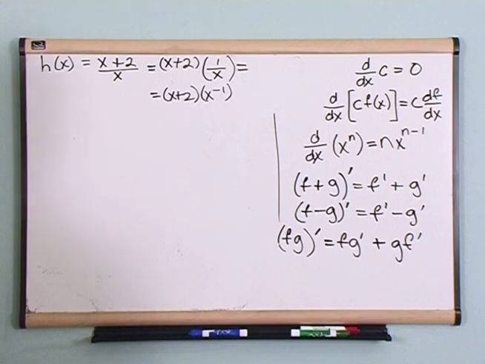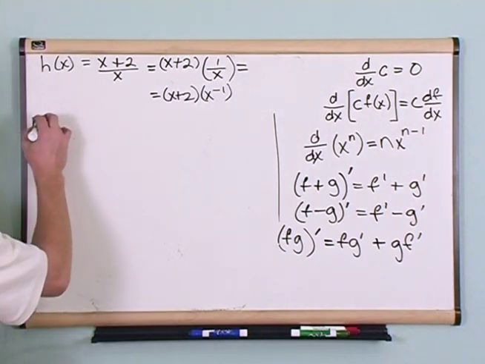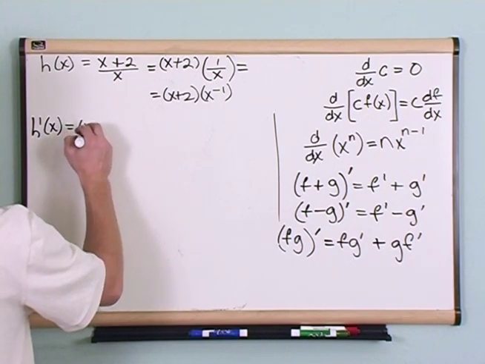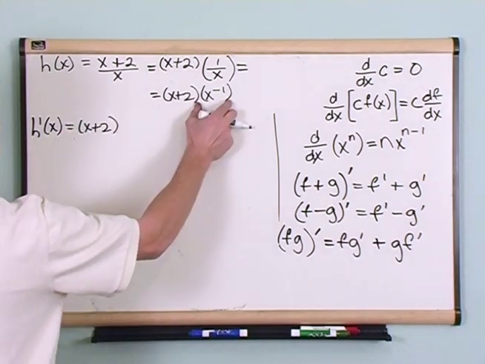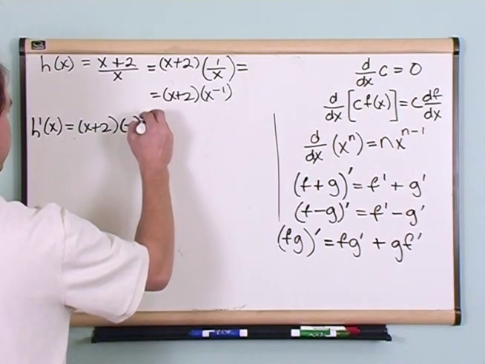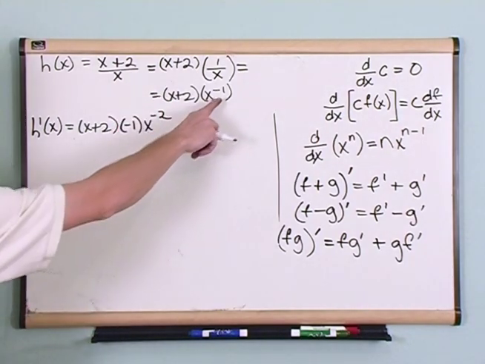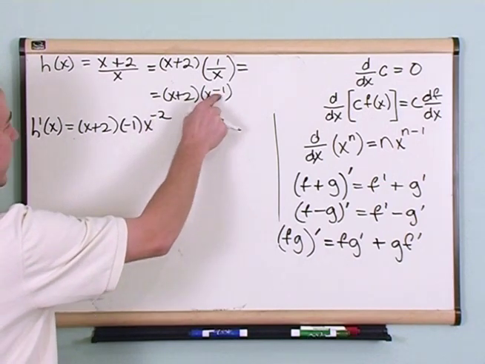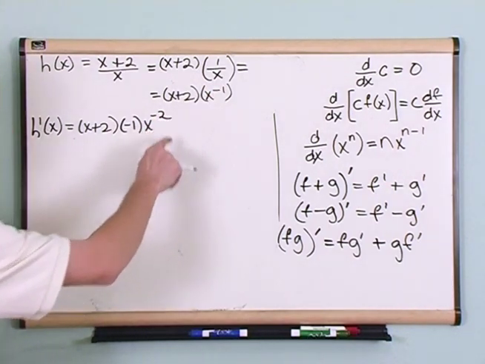So if I'm taking the derivative, I can say it's the first, x plus 2, times the derivative of the second, which is minus 1 times x to the minus 2. Negative 1 comes out times x, and then the exponent is negative 1 minus 1, which gives me negative 2.